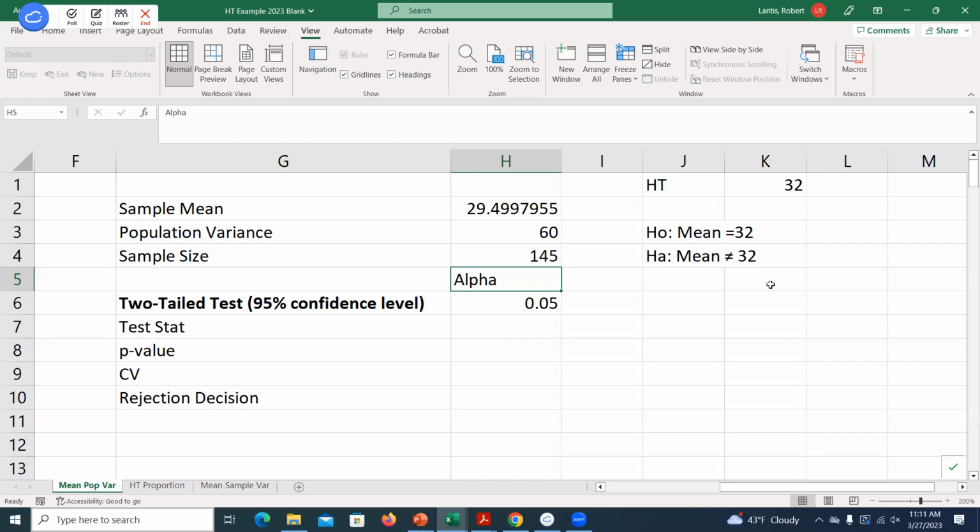So if I think about what the distribution of my sample means is going to look like, well, if what I assume to be true was in fact true, they should be centered around that value of 32. If that is the true mean, my sample mean should be normally distributed around that value.